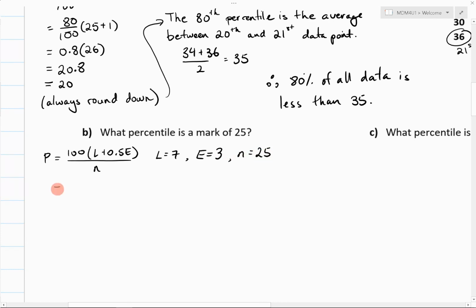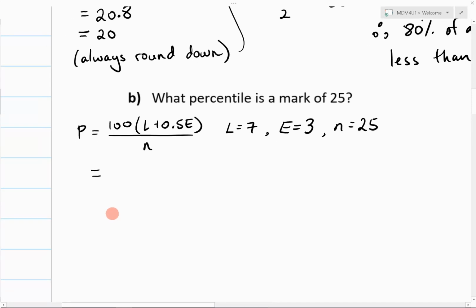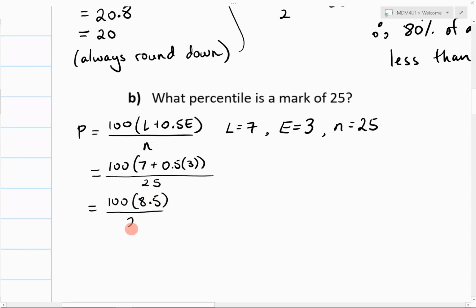Plug this into our formula. So the percentile is going to equal 100 times 7 plus 0.5 times 3, all divided by 25. On my next line, I get 100 times everything in brackets resolves to 8.5, and again dividing everything by 25.